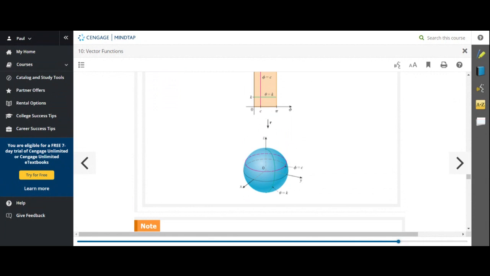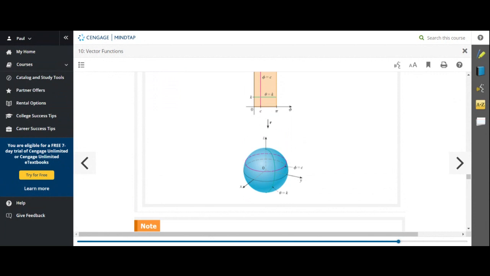The angle phi is measured from the positive z-axis. If you hold phi constant and you let theta vary, theta being measured from the positive x-axis, phi equals c is just going to be that red curve.